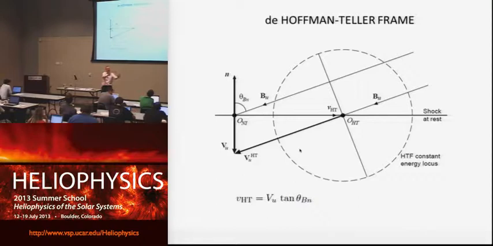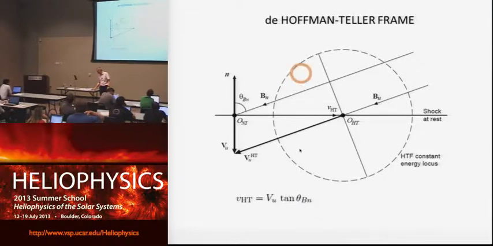If we then transform into a frame which is sliding along the shock at the right speed, obviously there's an aberration in the flow, and we can make that aberration in the flow just point along the magnetic field. So if we move into a frame with this as the origin, then the flow is along the magnetic field. And in that frame, energy of particles is constant because there's no motional electric field.